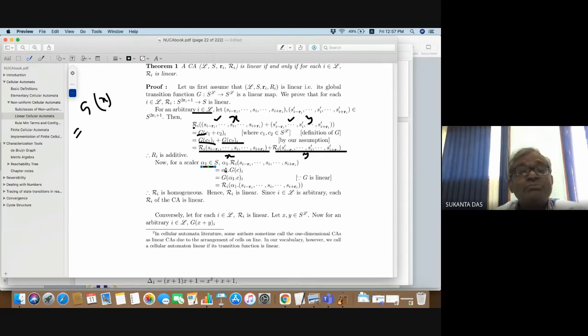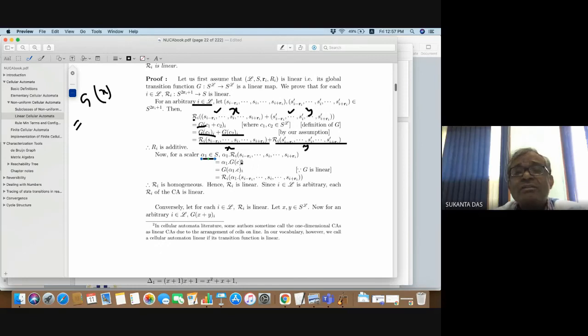Then alpha times Ri, with this neighborhood configuration, gives alpha times g of c at i. Here I used x, but in this one it was written as c, the same meaning.